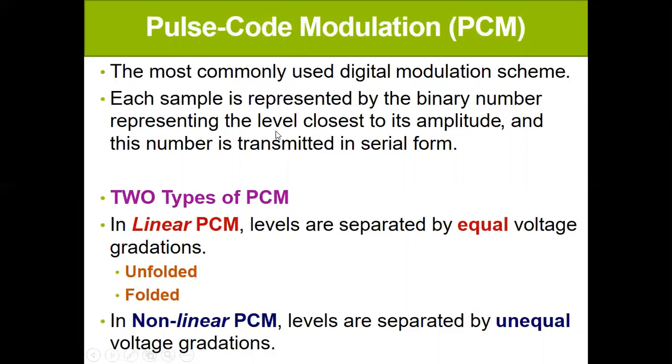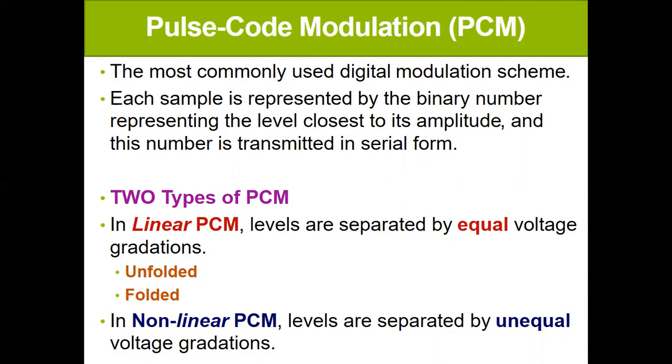It depends on how many levels of amplitudes are used. There are two types of PCM, linear and nonlinear. In linear PCM, the voltage levels are separated by equal voltage gradations.